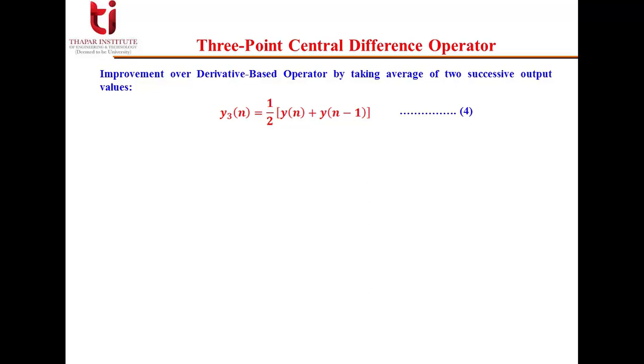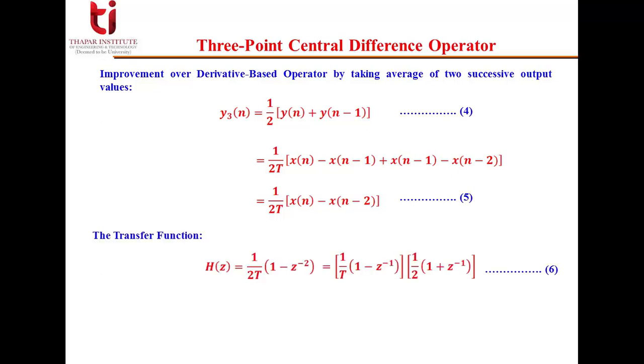Now if we replace y of n and y of n minus 1 in terms of x using the derivative based operator, you will find equation number 5, 1 by 2T times (x of n minus x of n minus 2), and the corresponding transfer function will be H(z) equal to 1 by 2T times (1 minus z inverse squared).